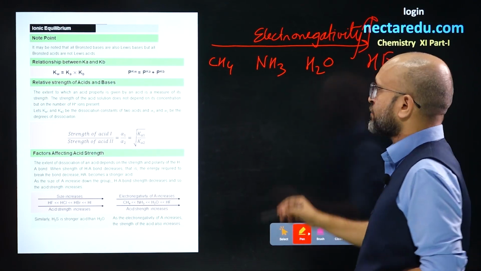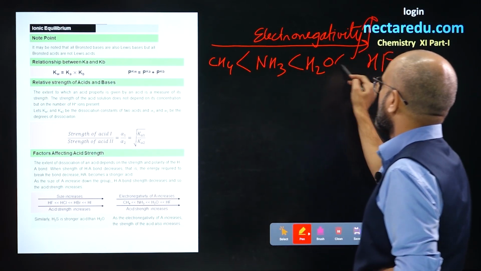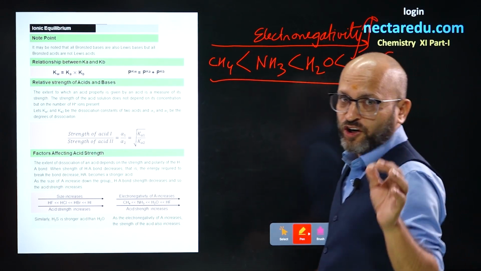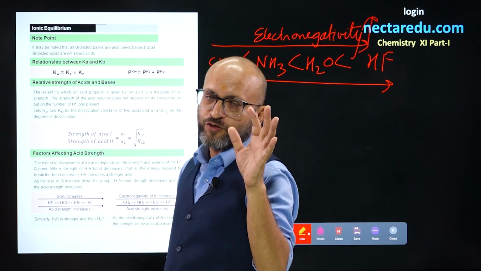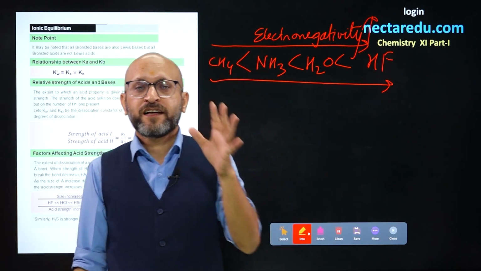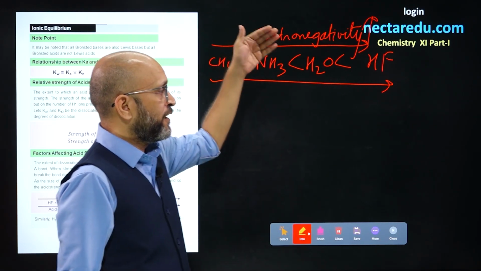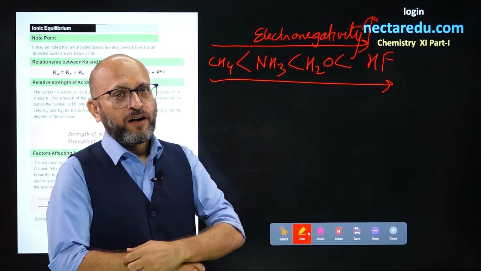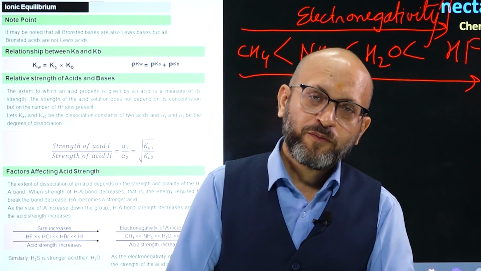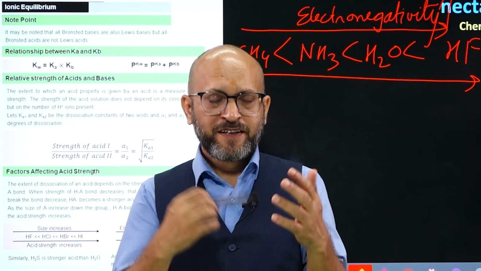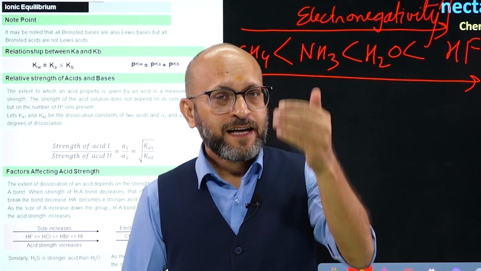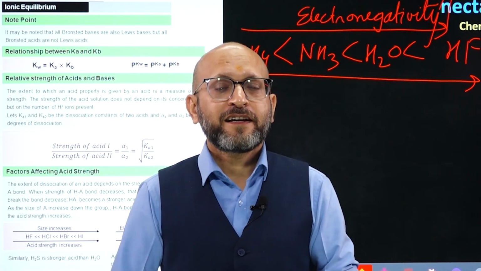So across the period, watch out for electronegativity. A more electronegative element will form a more acidic compound. And if you go down the group, then the element at the bottom will form a more acidic compound.